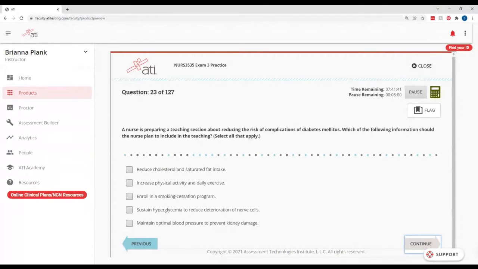Okay. We want to reduce the risk of diabetes. Again, which of the following is true about diabetes? What do we want our diabetic patient to do to reduce risk?